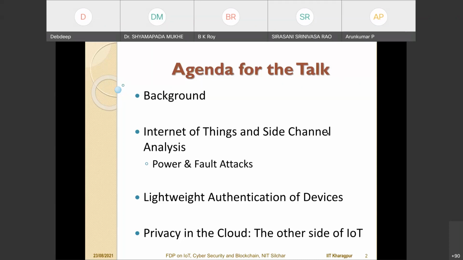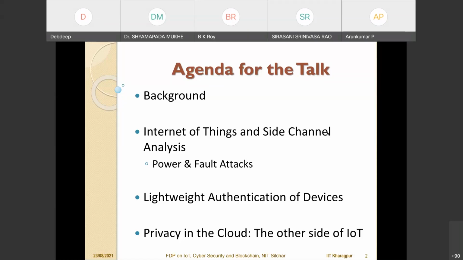While you can adapt classical crypto systems, often they are very complex, and therefore people look for lightweight solutions for authentication. So I will talk specifically about a hardware security primitive called the physically unclonable function, or PUFs, in this context, and see how we can potentially develop authentication protocols using PUFs.